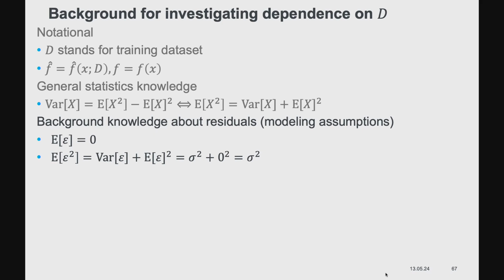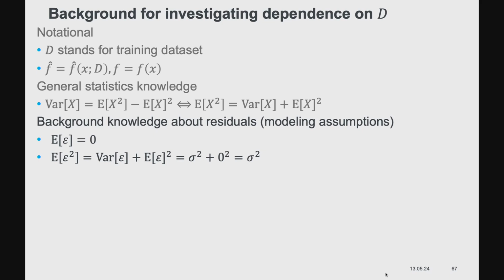And so this average mistake that we will do, or some average squared mistake that we will do, what is this? According to what we have about statistics in general above, this is the variance of our epsilon plus the expected value of our mistake squared. Now the expected value of our mistake is 0.